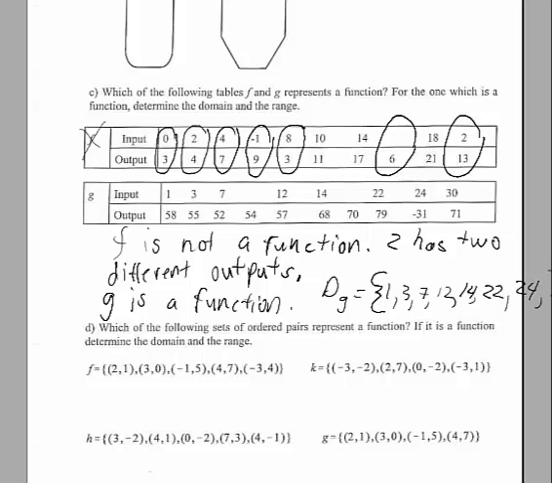Not the best bracket, but these are all the numbers in the input, so we would call them the domain since G is a function.